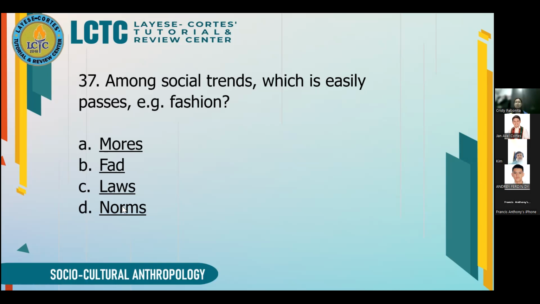Norms are perceived informal and mostly unwritten rules that define acceptable and appropriate actions. So based on that definition, these are unwritten rules. We have come to know them as acceptable, the proper way, the proper manner. Just like saying please if you are asking for something, and saying thank you if you have received a favor.